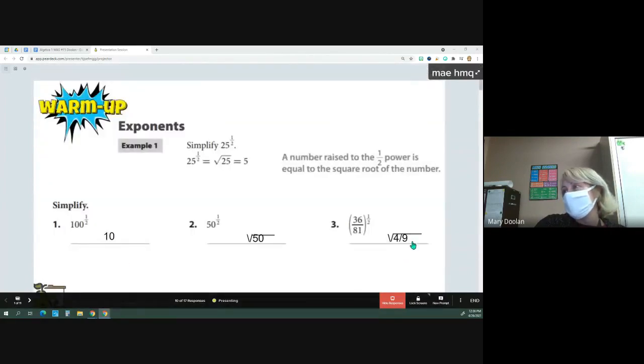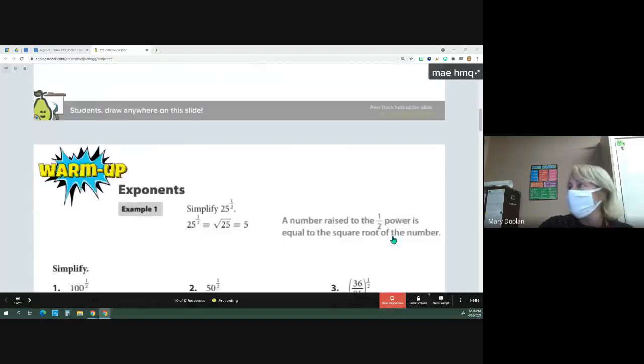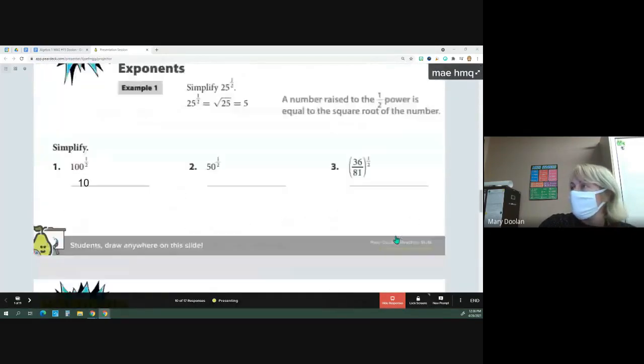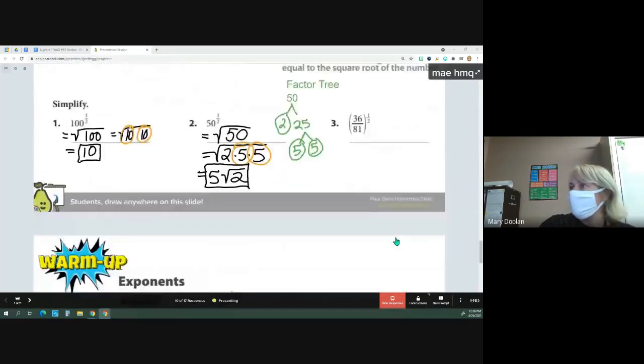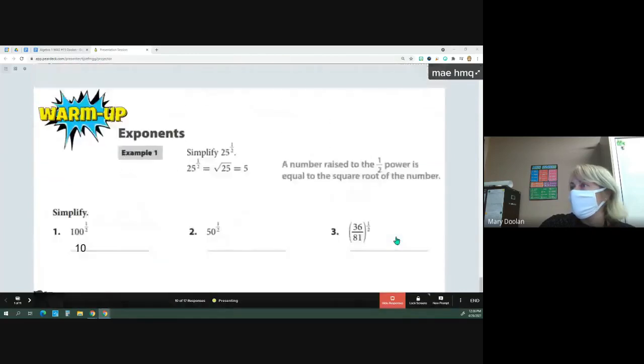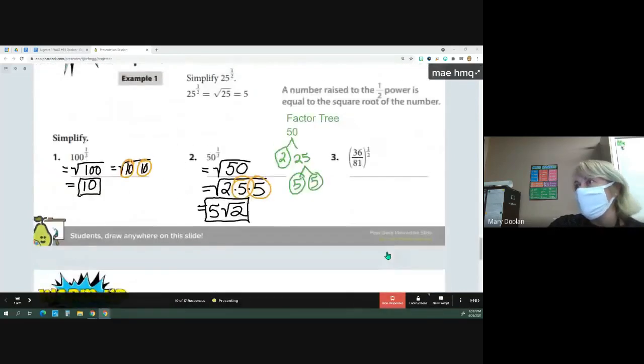Square root of 4/9. Okay, yeah, so this is a pretty good thing, I see what they're doing, but once you take the square root, you don't have the symbol anymore. So it is 2/3. All right, let me show you how you can get to 2/3 because there are some intermediate steps here.